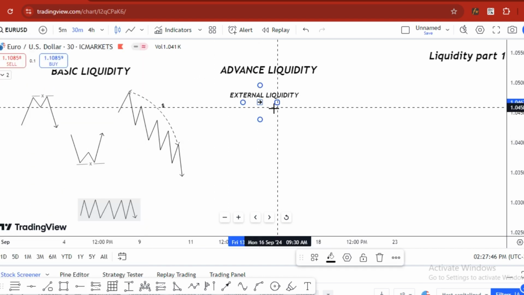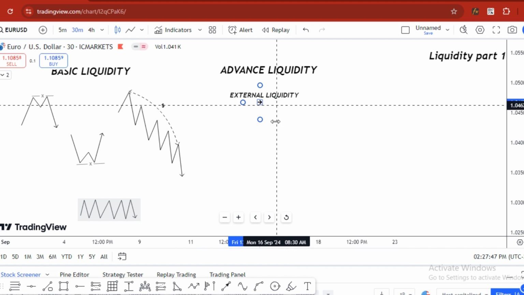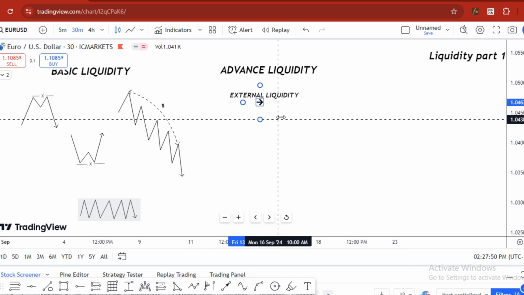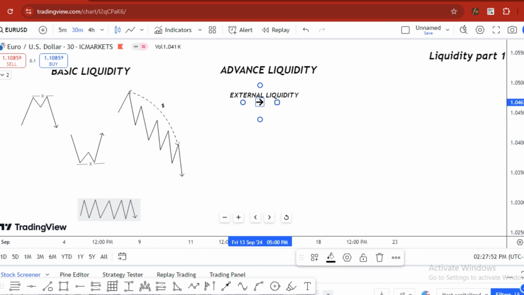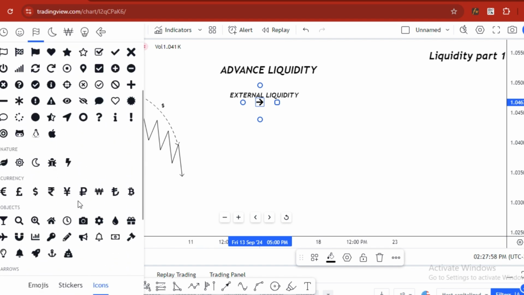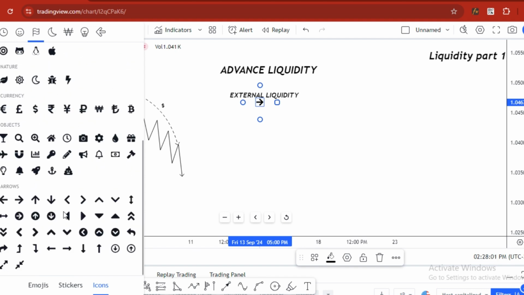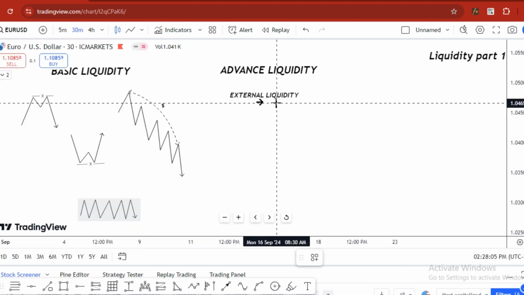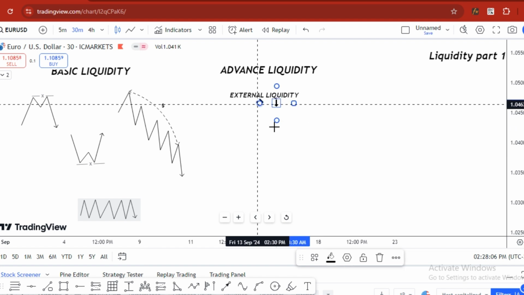Let's use an arrow. Sorry, I'm supposed to use this instead. Yes, let's use an arrow facing down.